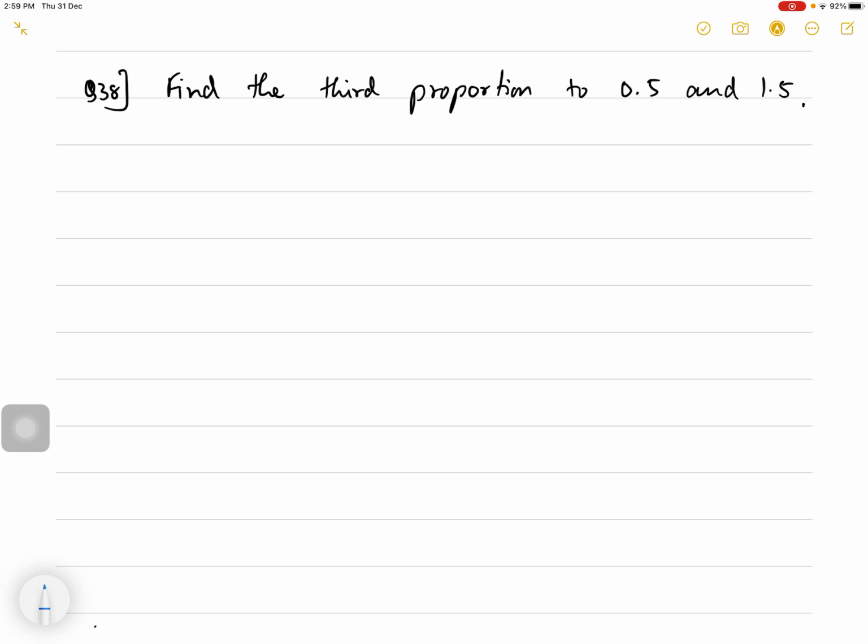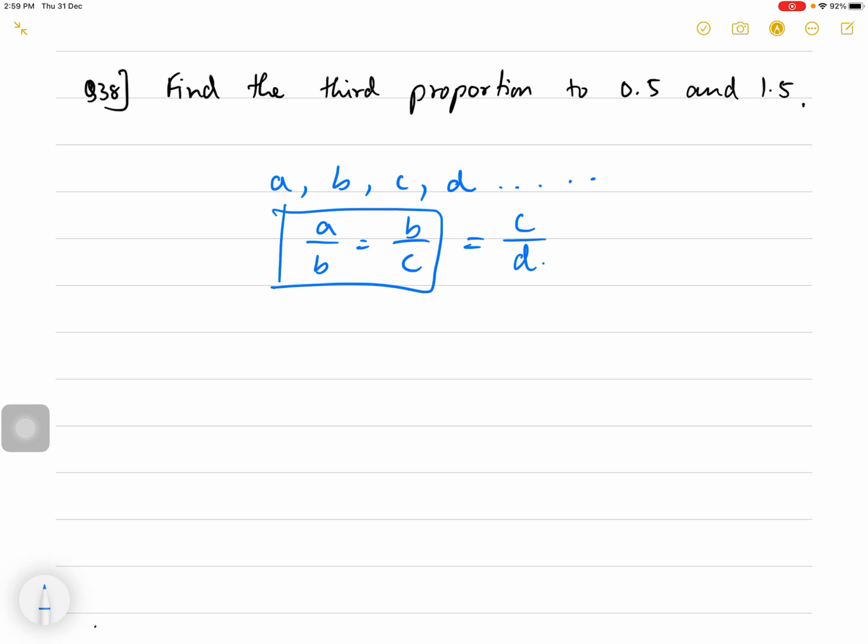Continued proportion means, suppose there is A, B, C, D and so on, and I say these are in continued proportion, that means A by B is equal to B by C is equal to C by D. So in this case, if I say A, B, C are in continued proportion, then A by B is equal to B by C. So here A is to B is equal to B is to C. You multiply the extremes and you multiply the means, and the product is the same.